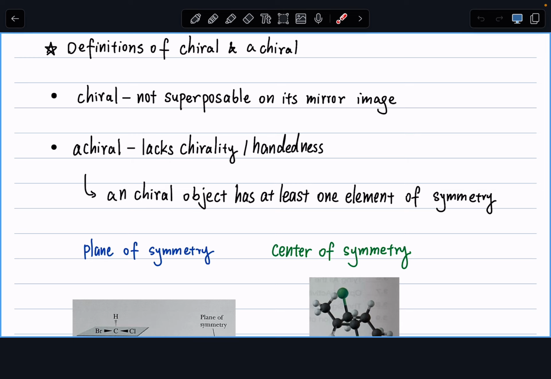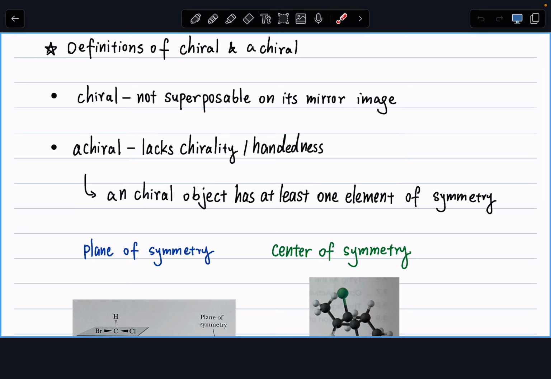So let's try it. If I put my red one on top of the red one, I can never make the blue one be next to my blue one. No matter how I rotate it, I can never make them superimpose on each other. One of them is bound to be different. So that's what we call a chiral molecule.